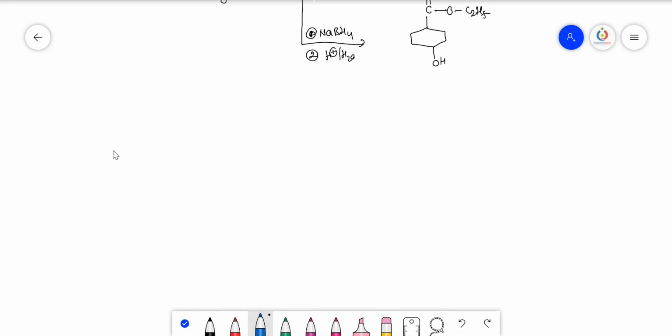So in particular example, this is an example.